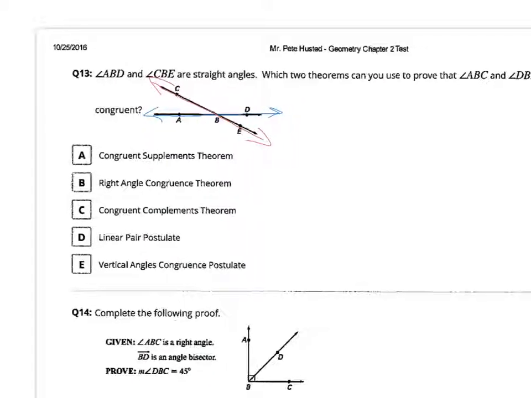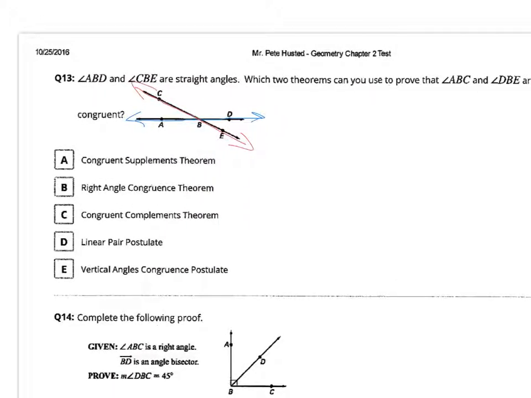And they want us to prove that ABC and DBE are equal. So that would be ABC, this angle right here, and DBE, those angles right there. So here and here. So which of these theorems proves that?